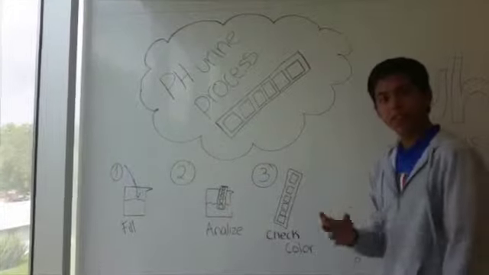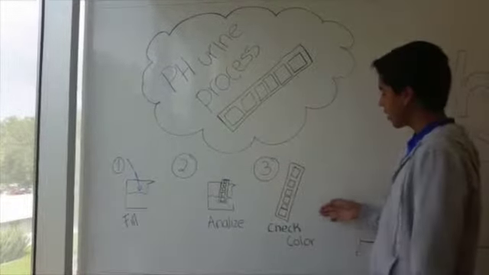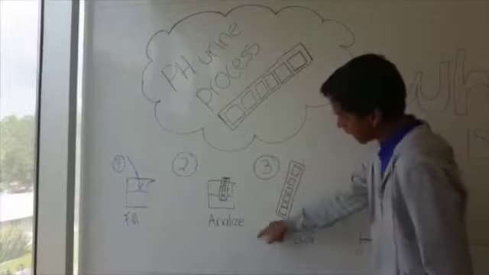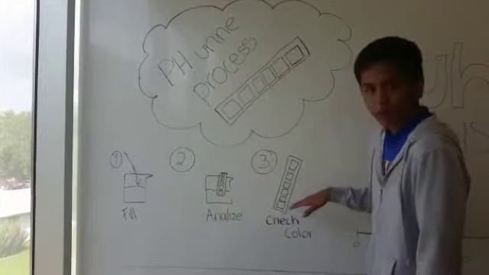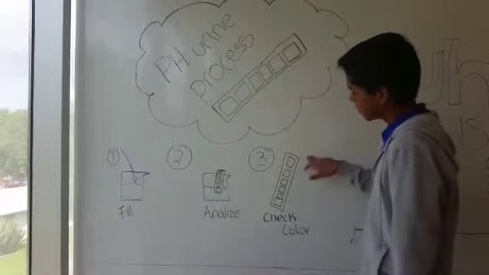They check the color of the chromatic band. The chromatic band has 7 different scales, from the highest pH to the lowest pH.